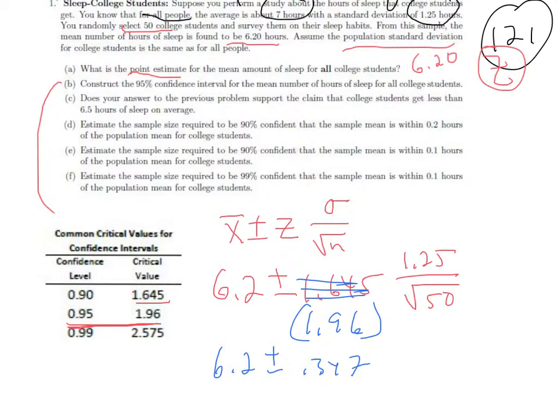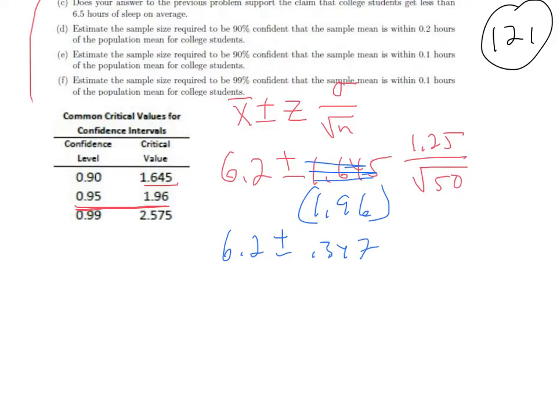Now if I do those calculations, I'm getting 5.85 up to as much as 6.547 if I round it.